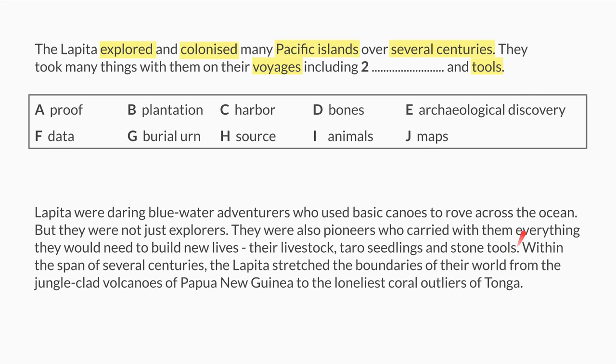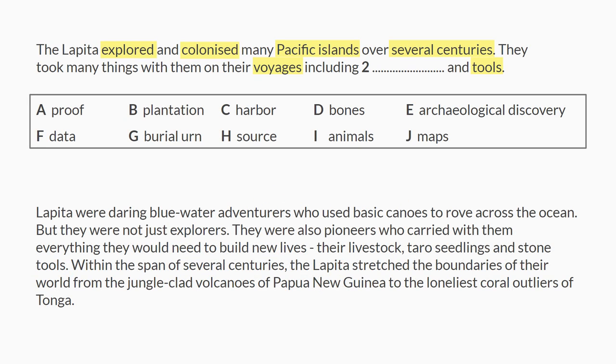Here it mentions tools. Let's see what else. Okay, I see several keywords over here. I'm pretty sure we're going to find our answer in this paragraph. Here are some of the keywords: explorers, tools, and several centuries. So we see that here.